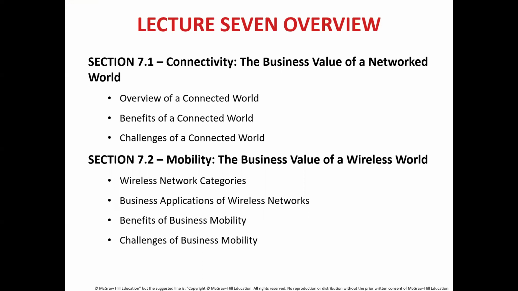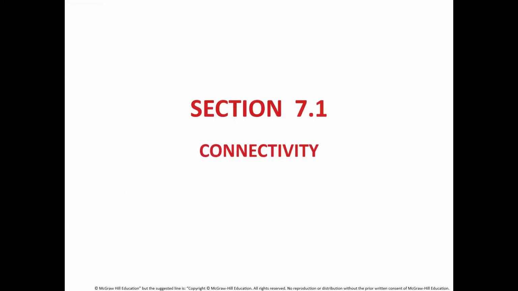In section 7.2, we are looking at mobility, the business value of a wireless world. And in it, we have wireless network categories, business applications for wireless networks, benefits of business mobility, and challenges of business mobility. So let's have a look at section 7.1, connectivity.